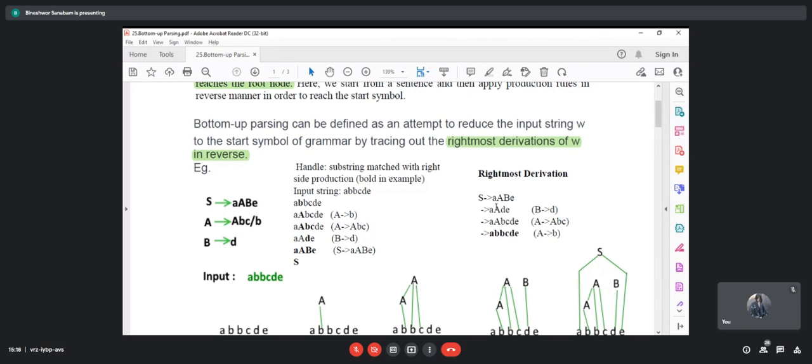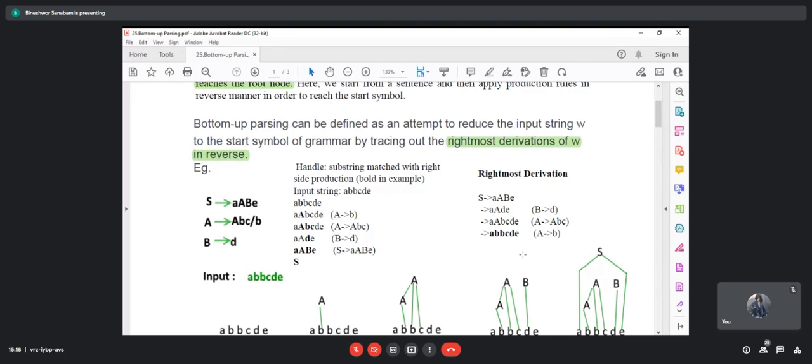If you look over here, this is our rightmost derivation and here is our top down parsing. Sorry, bottom up parsing. If you compare this, just see what is similar. As the name suggests, our bottom up parsing is rightmost derivation in reverse order.